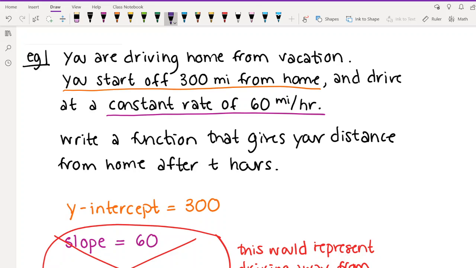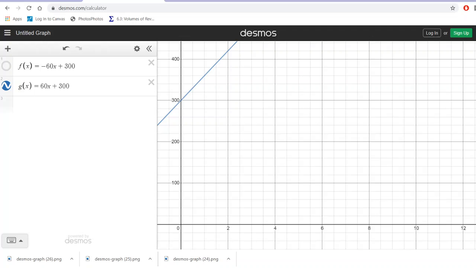But when you're representing a real world situation that involves something decreasing, the slope should be negative. You don't see the word decreasing written in this story, but because your distance from home is getting smaller as you drive closer, that tells us our slope should be negative.